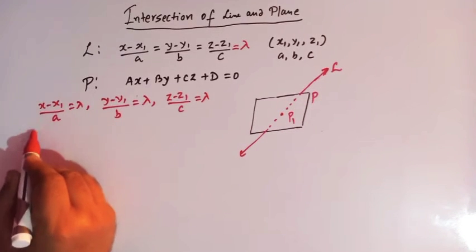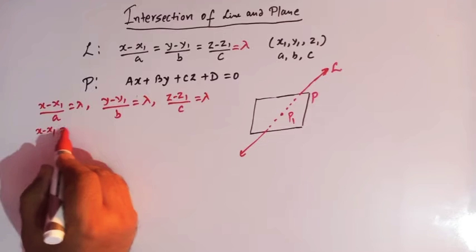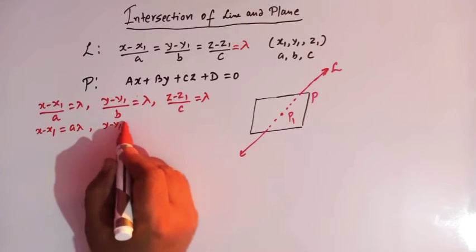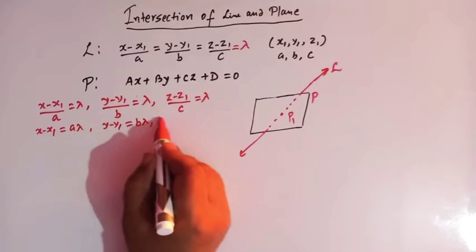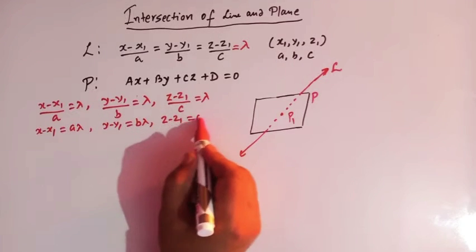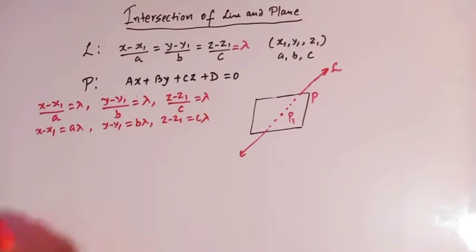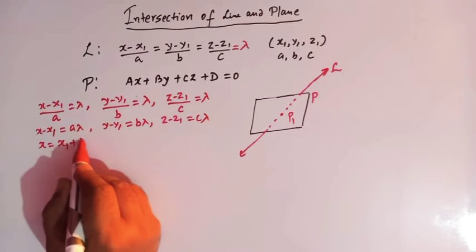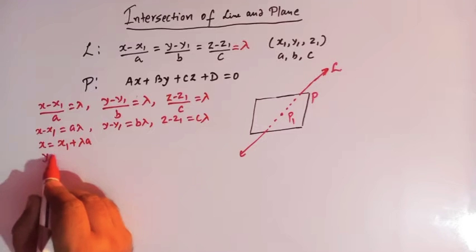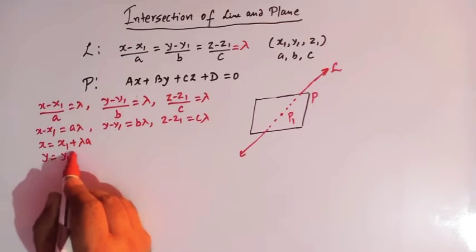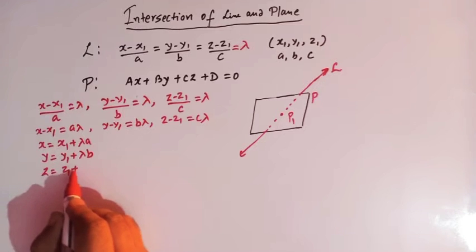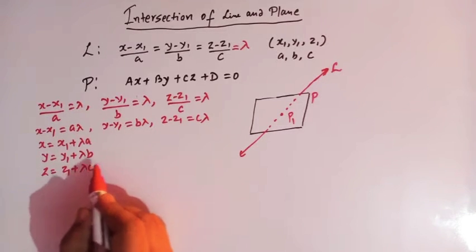So from here we can write x minus x1 is equal to a lambda, y minus y1 is equal to b lambda, z minus z1 is equal to c lambda, right? So x is equal to x1 plus lambda a, y is equal to y1 plus lambda b, and z is equal to z1 plus lambda c, right?